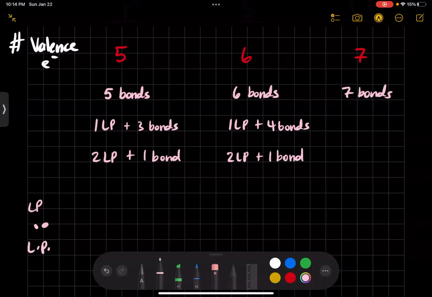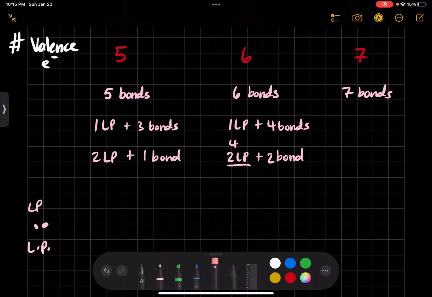I messed up somewhere, didn't I? 2, so that's 4, and then 2. Here that's 2, and that's 4. That gives 6. No. Two lone pairs, 2 bonds. See, now I got confused.